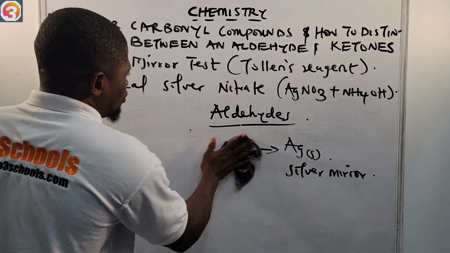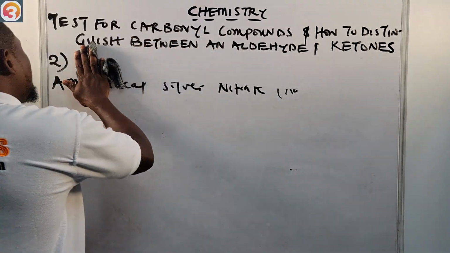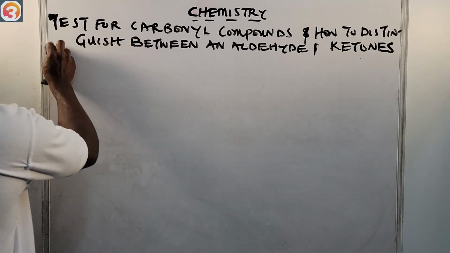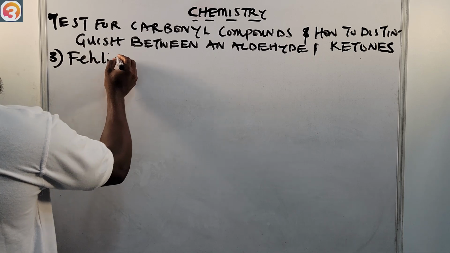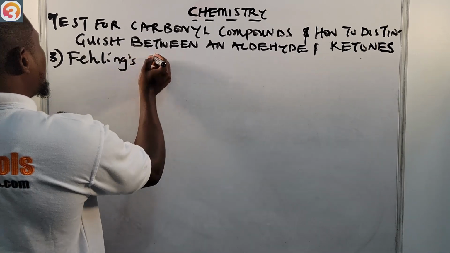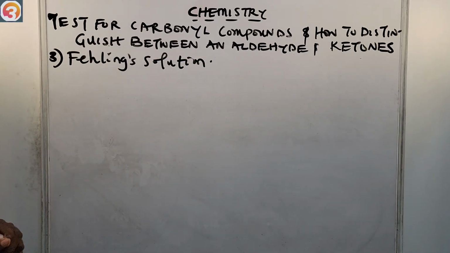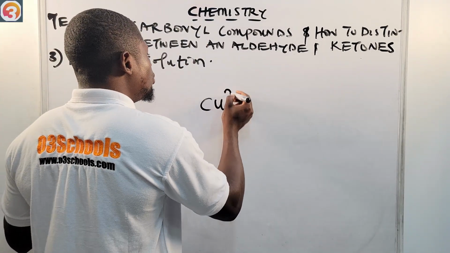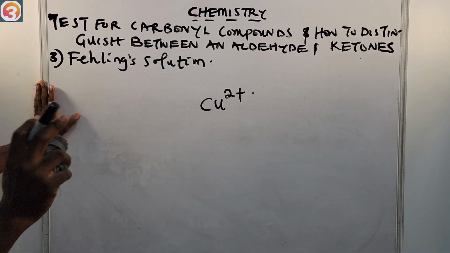Then the third test we are going to use to distinguish between an aldehyde and a ketone is Fehling's solution. Fehling's solution is a complex compound of Cu2+.